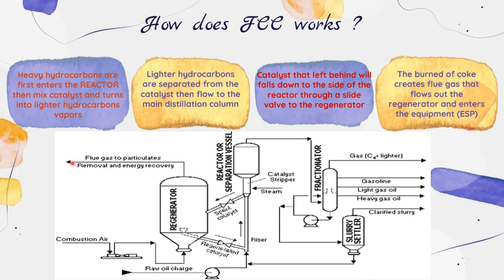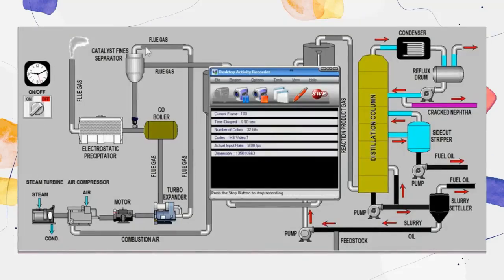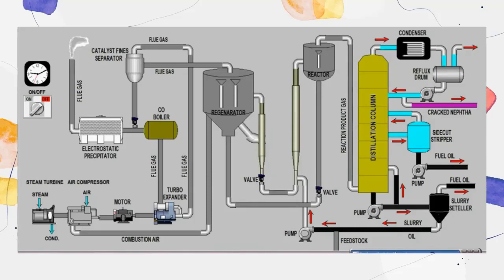I suppose the equipment should be here, which is the ESP, an electrostatic precipitator that functions to remove any small catalyst particles using static electricity. Okay, so for a better understanding of how the process works, let's have a look at this.